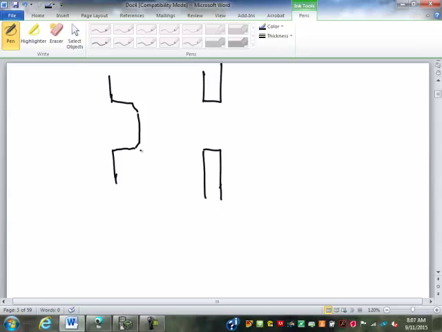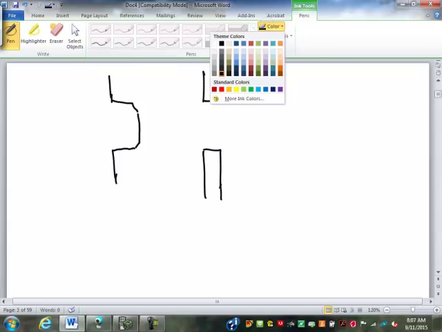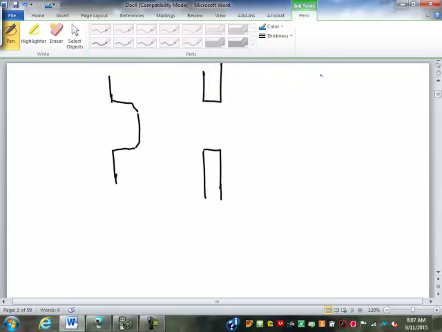Those locator pins need to be able to slide in and out relatively freely. That's what we call clearance. They don't have to fit tight because they're not really holding anything in place once it's there. It just needs to slide on quickly and loosely, giving it a rough location while we're waiting.